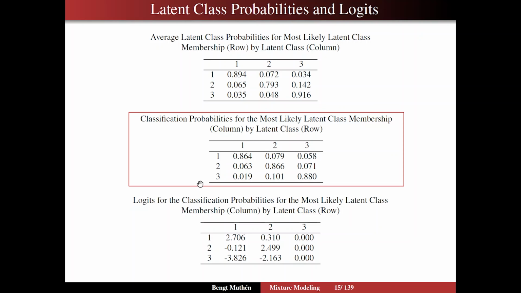And so the rows here represent the true latent class status, and the columns represent the most likely class being 1, most likely class being 2 or 3. So for instance, for people who are truly members of class 1, they have a probability of 0.864 to get a designation of most likely class of 1, that is the correct designation.